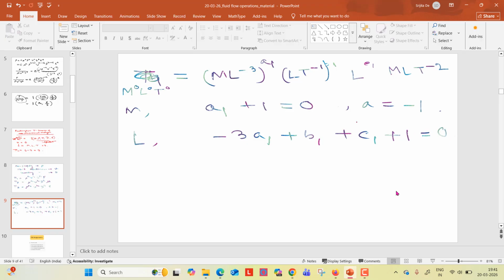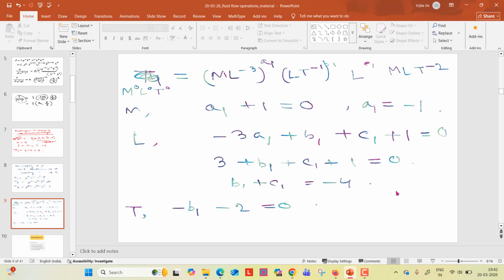So what we know, we know the a1 value. a1 is -1. So it will be 3 plus b1 plus c1 plus 1 equals to 0. It means b1 plus c1 equals to -4. And for T, if we compare, it will be minus b1 minus 2 equals to 0.